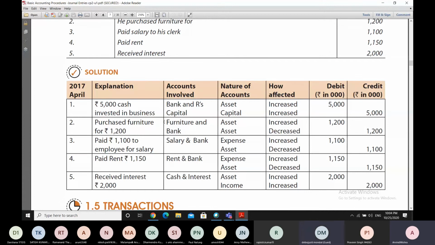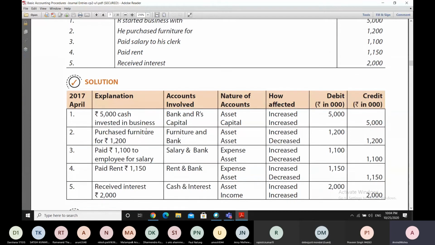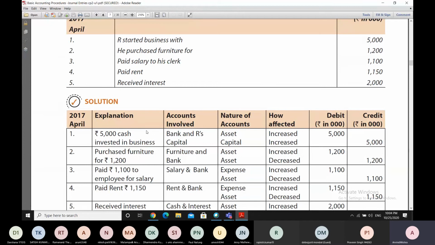Of course, when they are writing purchase furniture for 1,200, and a question is asked, you cannot make any assumption that it has to be done with bank or cash. And if you make any assumption, if nothing is given, then that assumption has to be written down in your answer if it is not a multiple choice question.